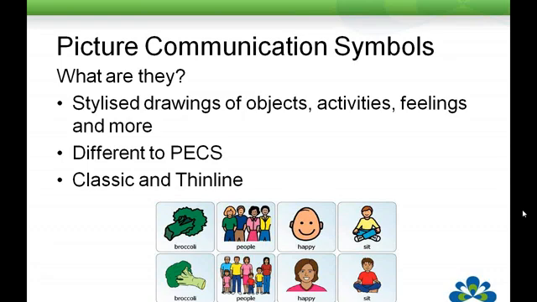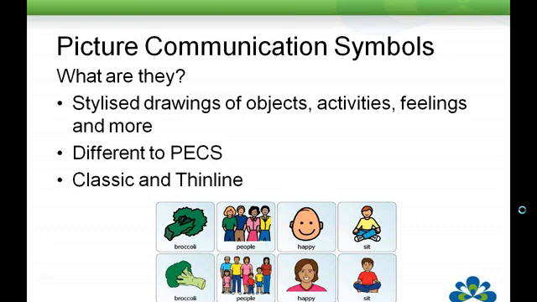More recently, they brought out some different versions called the thin line versions, which are a little bit more realistic, clean cut drawings that you can see on the bottom row on the slide, and the top line is the classic symbols that you've probably been seeing over the years.